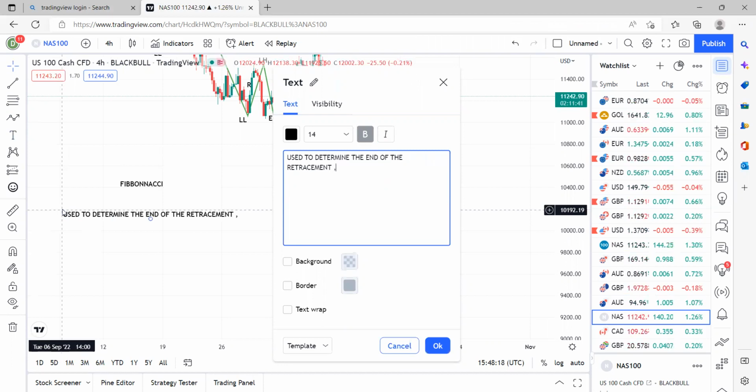Usually, or most of the time, the price retraces to 50%, or until 0.62, at most 0.71, before another impulsive move occurs.